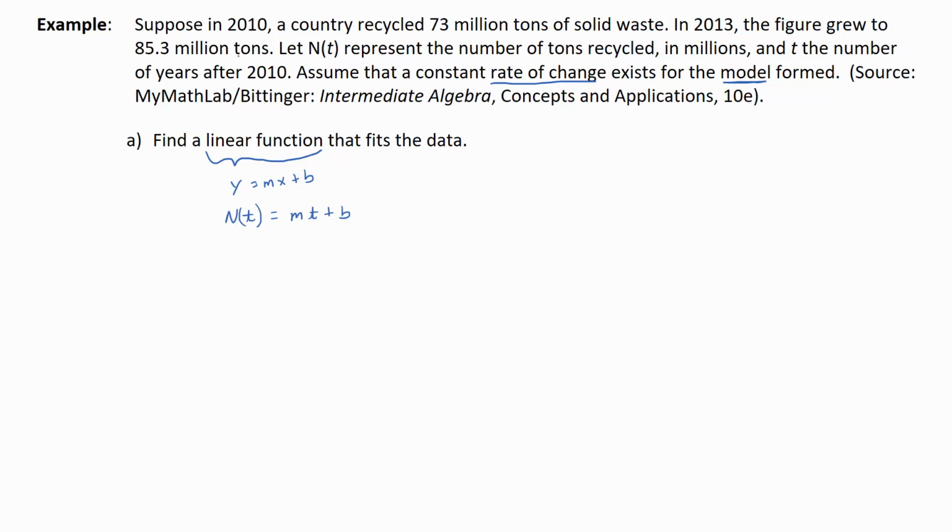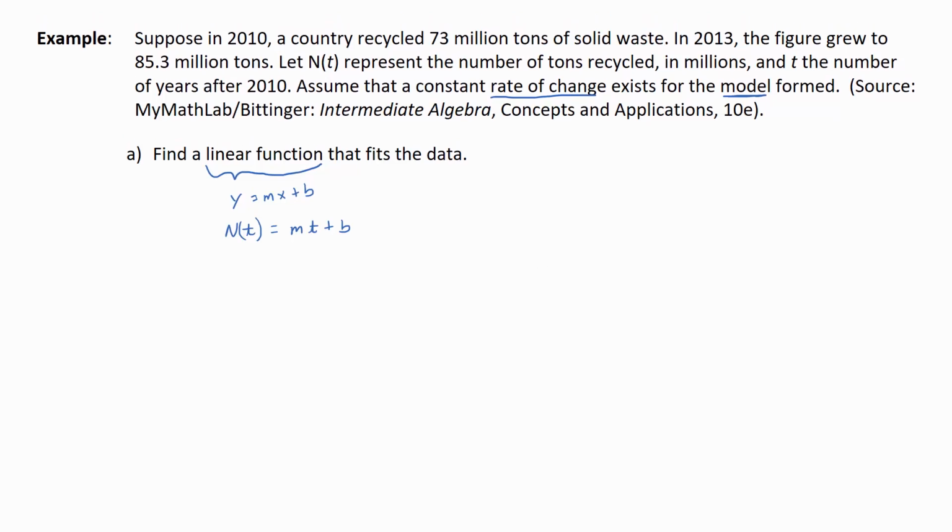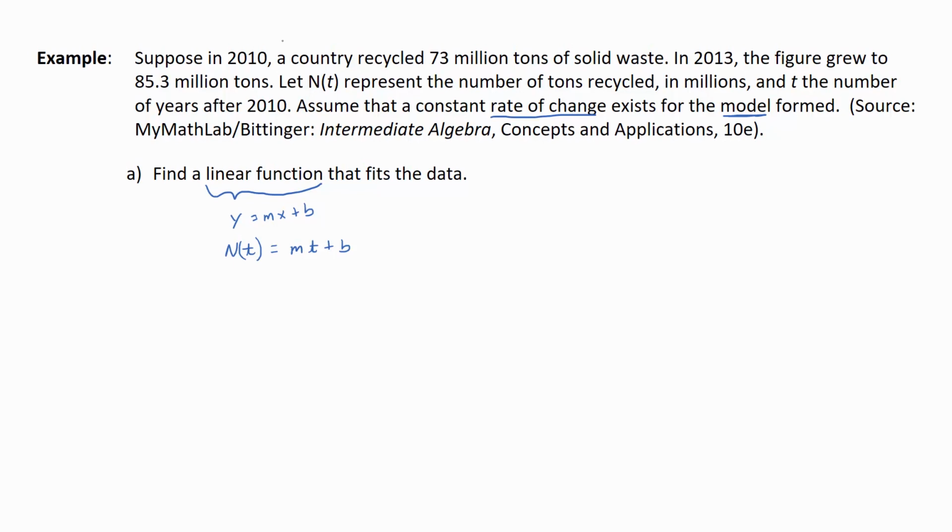Okay, so we need to find a linear equation that fits this data, which means we need ordered pairs. How do we find ordered pairs? Okay, well, we're going to take this data and make it an ordered pair. But the year 2010 is going to be year 0. How do I know that? Because it says let t represent the number of years after 2010.